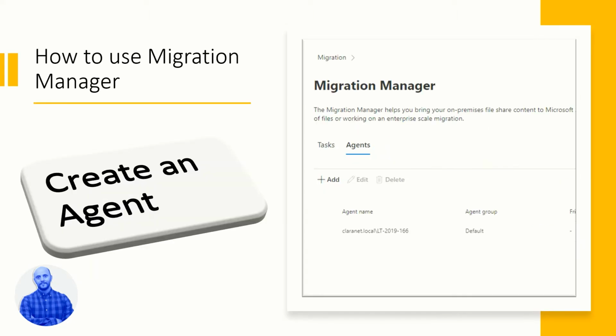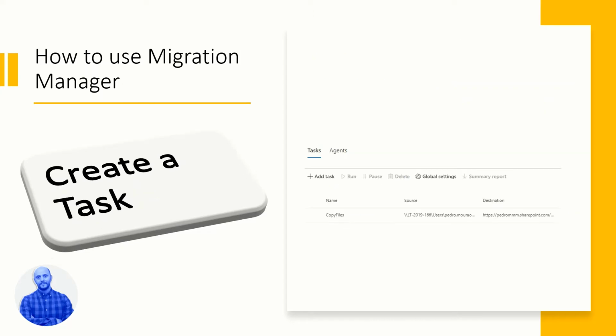Okay. So create an agent. It's very easy. We go to the Migration Manager, and in agents we will add, for example, a new agent. And this is the tool that permits us to configure and make a setup, right? So create a task.